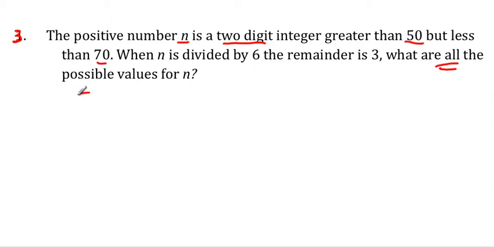So if I go to 50, I know it's not a multiple of 6. So the next multiple of 6 is 54, and that's 9 times 6. So the first remainder is 57.